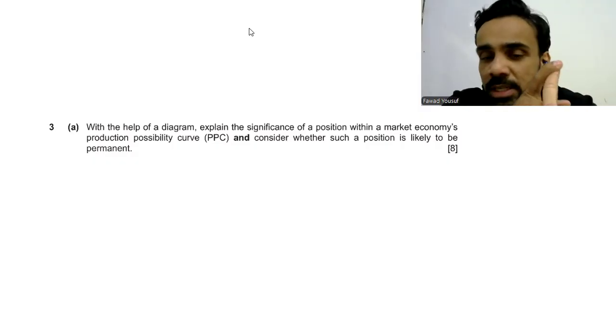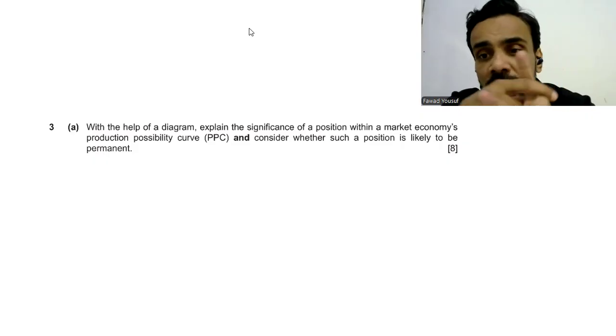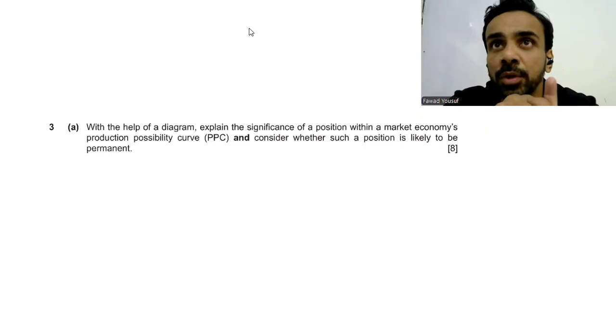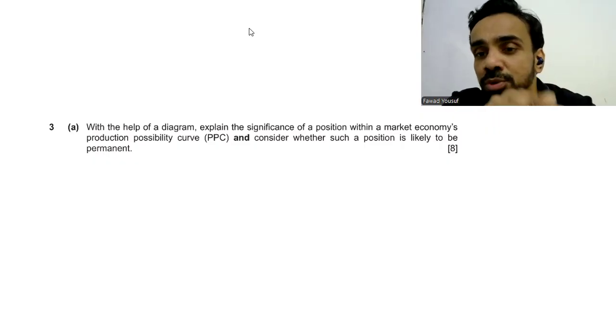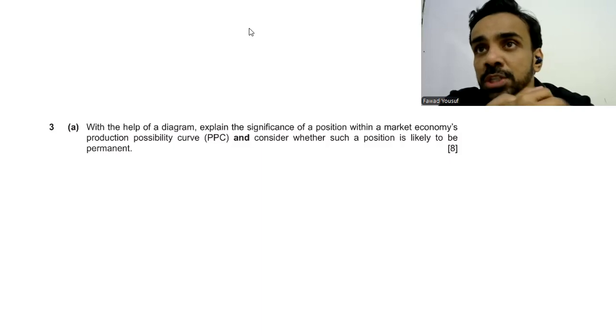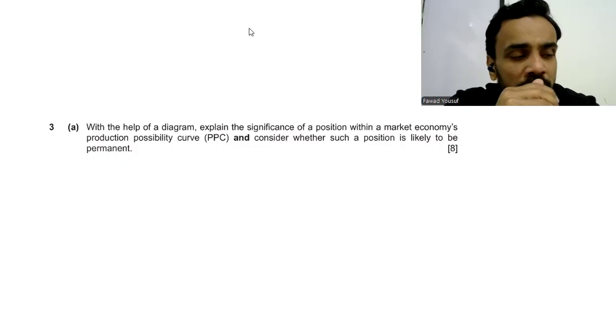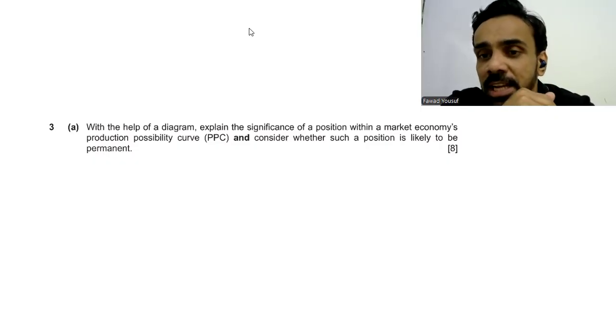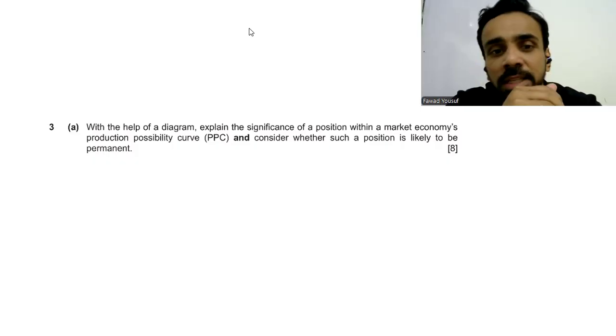So one is the consumers' reaction, one is the producers' reaction, that is, how easily they can move their resources from capital to consumer goods. Because a lot of times, when we look at Pakistan, even though the government is making life hell for business owners, at the end of the day there's too much at stake and they just bear with it and continue to do what they're doing.